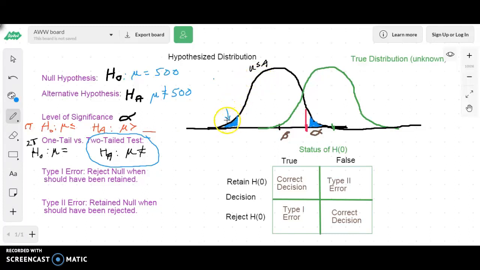If we end up with a score significantly lower down here, then we have two decisions to make. We can either say that there's a slim chance that I actually get a sample this low, but New Jersey still has a mean of 500. Or maybe it's more likely that the population in New Jersey has a curve that's lower, and we ended up getting a sample of students from that population. A two-tailed test allows you to have the possibility of scoring either significantly lower or significantly higher than what our hypothesized mean is.